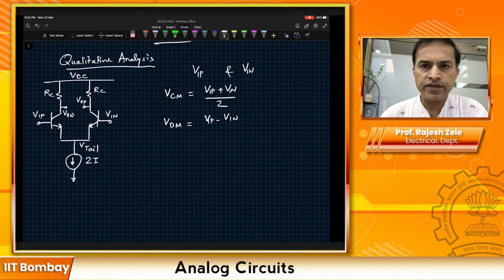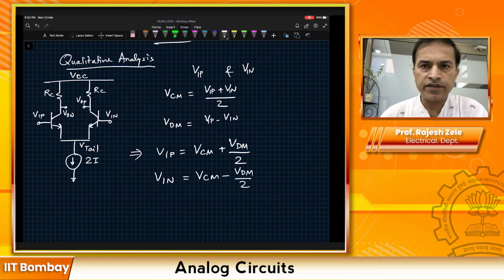So from these equations, we can rewrite VIP is equal to VCM plus VDM divided by 2, and VIN is equal to VCM minus VDM divided by 2.